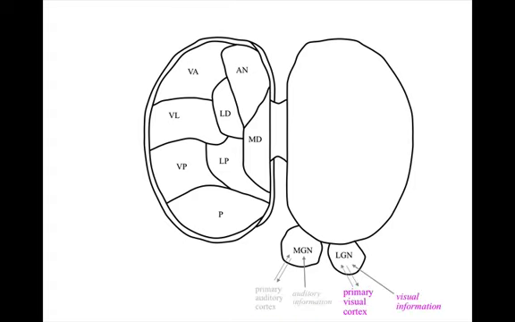Similarly, the optic nerve from the eyes goes to the LGN, and the LGN has strong reciprocal connectivity with the primary visual cortex, where the first cortical processing of visual information takes place. It's also interesting that a neuron in the LGN only gets 5 to 10% of its inputs from the optic nerve.